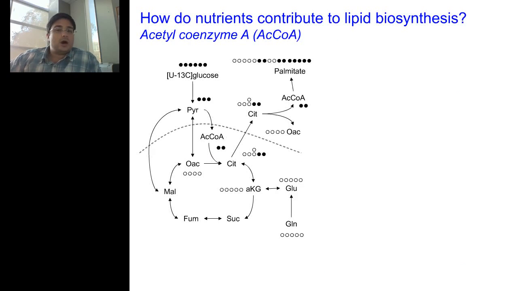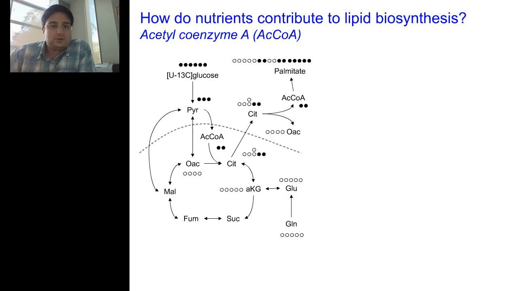So one way we commonly do this is to address how cancer cells or other cell types generate fatty acids and lipids. The key metabolite here that we're interested in is acetyl-CoA, which gives rise to fatty acids when metabolized by fatty acid synthase.